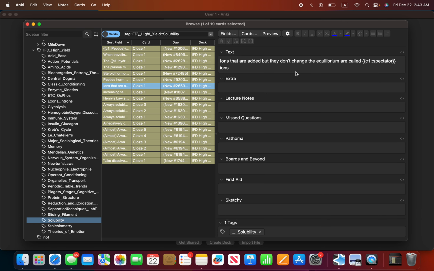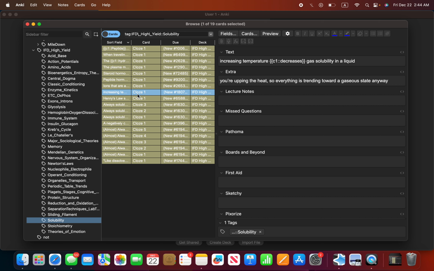Increasing temperature decreases gas solubility in a liquid. So when you increase temperature, your gas solubility in a liquid decreases. Interesting. You're upping the heat, so everything is trending toward a gaseous state anyway.